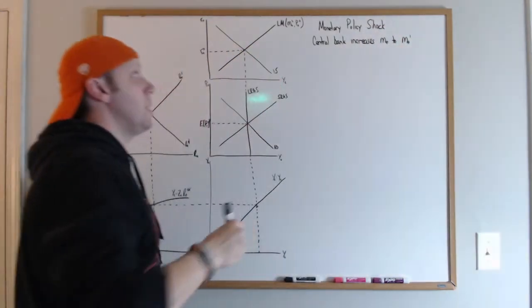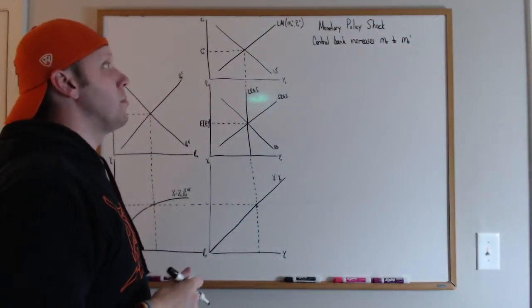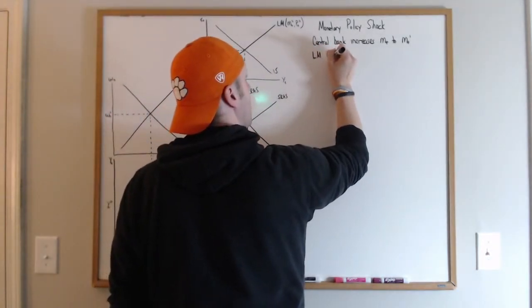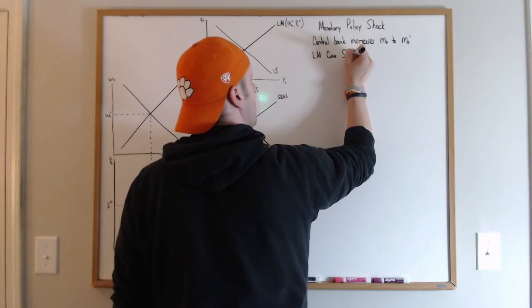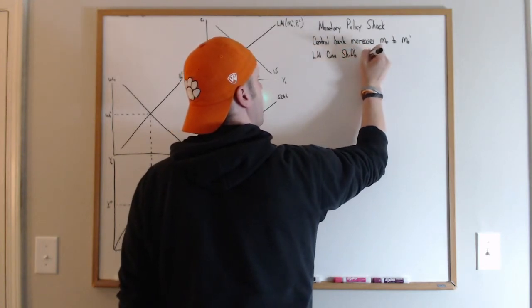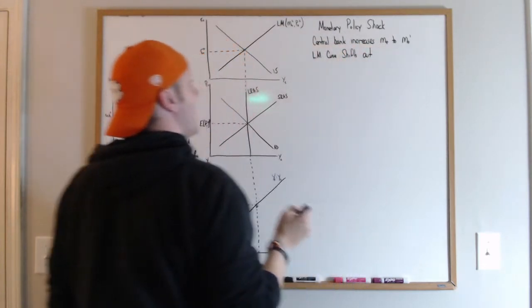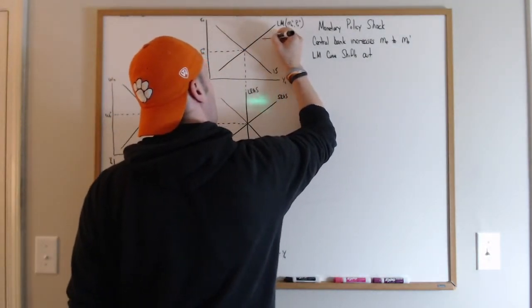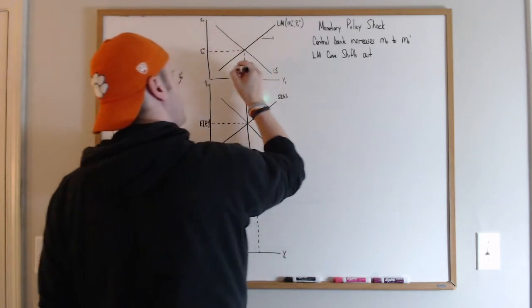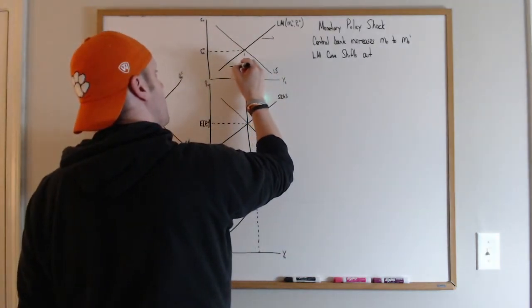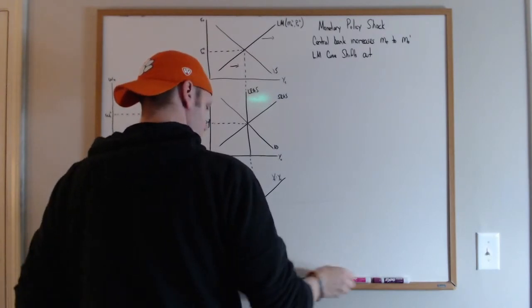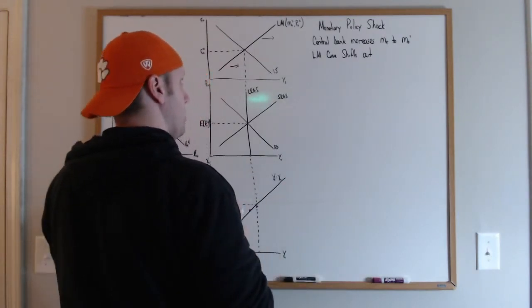So they increase the money supply from MT to MT1. The LM curve shifts out. We're going to want to leave quite a bit of room for this LM curve to shift out because there are really two movements in the LM curve.